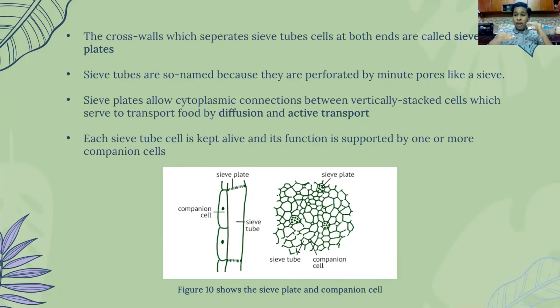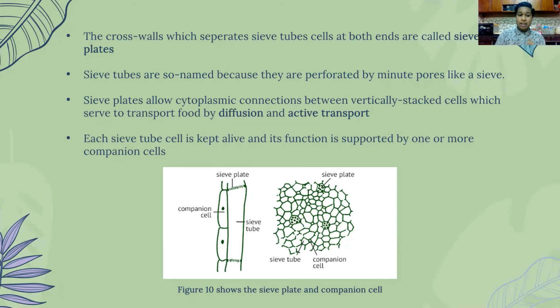So when it's two-way, one will be diffusion and one will be active transport, going opposite. Since it is going opposite, it needs to be transported through active transport. So one way will be flowing through diffusion, and the other way will be flowing through active transport in the opposite direction.